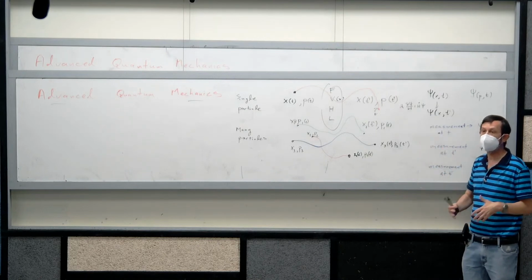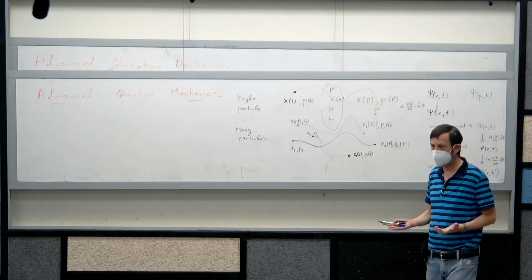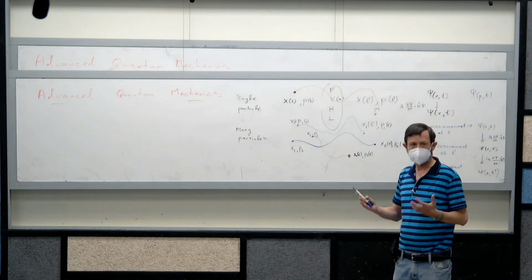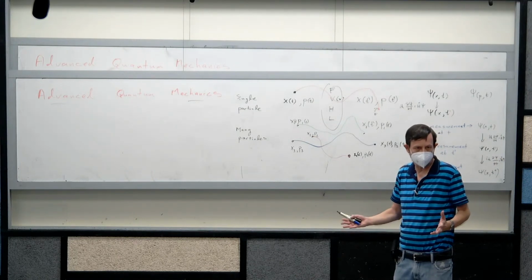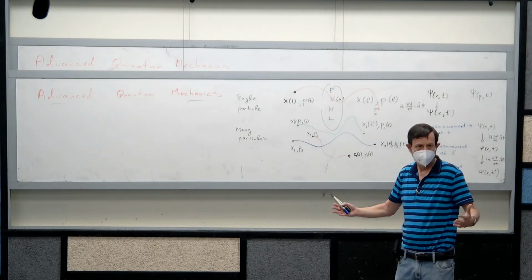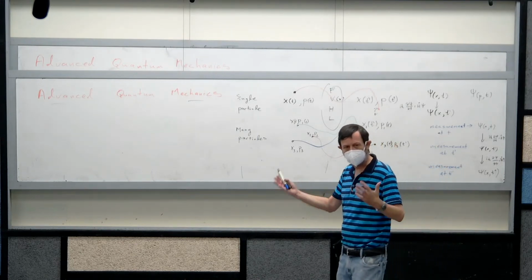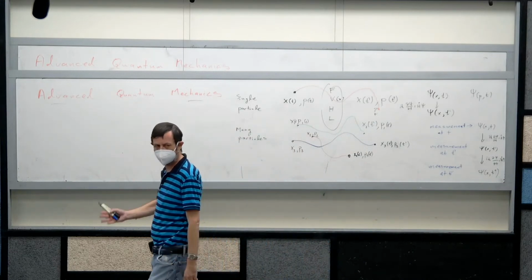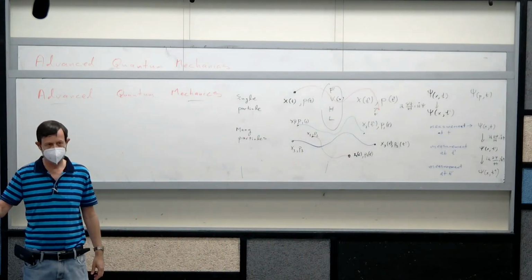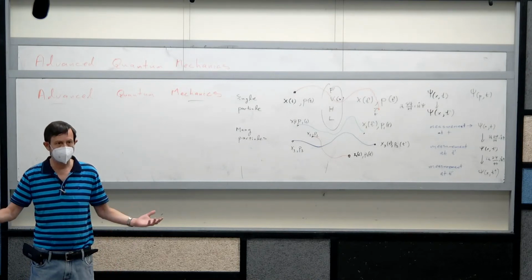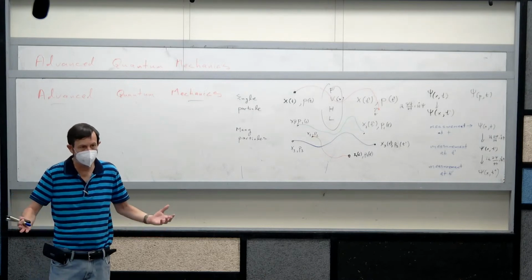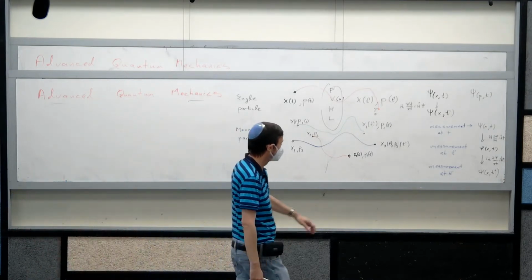It's not described by the Schrödinger equation. All that I can tell you about it is some probabilistic notion. You'll measure, you have this or that probability of measuring this result. I can't give you a deterministic prediction. I can only give you probabilistic.